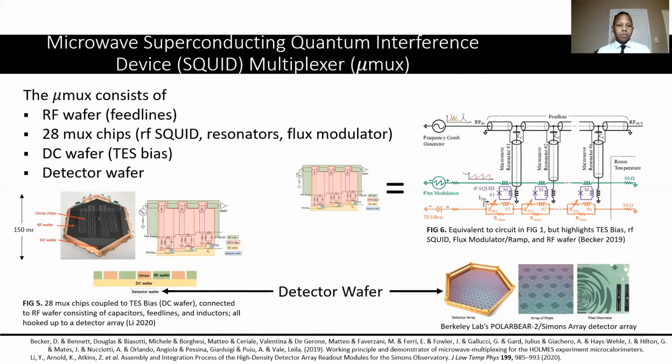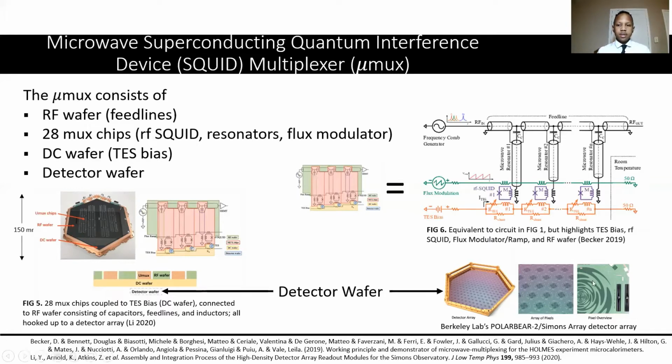It consists of an RF wafer, 28 MUX chips, which consist of RF SQUIDs, resonators, flux modulators, DC wafers, which are also called transition edge sensor biases, and a detector wafer, which is the very first thing that the CMB light will be hitting before traveling down into the processing system of the circuit and other electronics that work to collect data from the CMB.